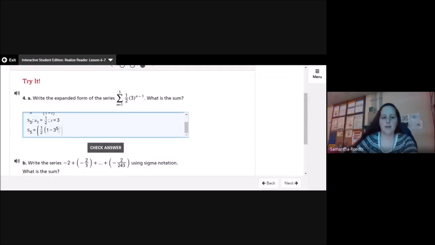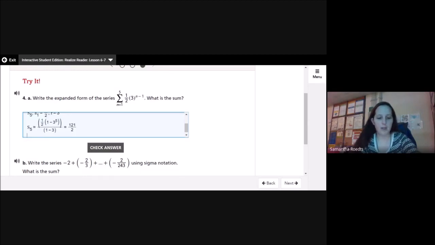Okay. And this is all over 1 minus r, which is 3. When I do all these calculations, I get 121 over 2. That's my sum.